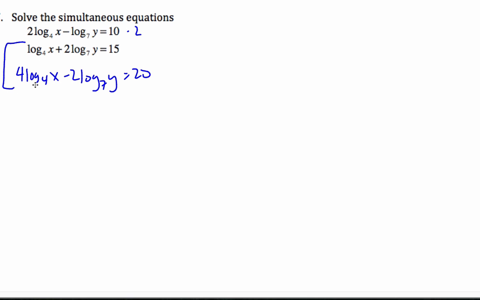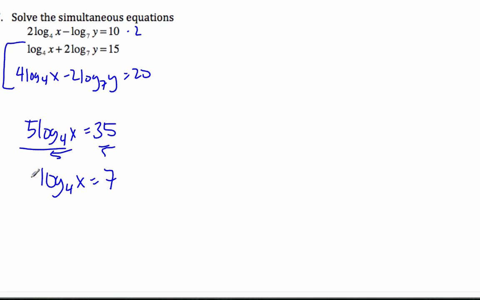I'm going to add those two equations up, which gives me 5 log base 4 of x. These ones cancel, is equal to 35. And so log base 4 of x is equal to 7 when I divide both sides by 5.